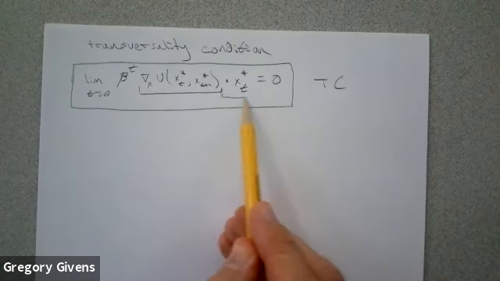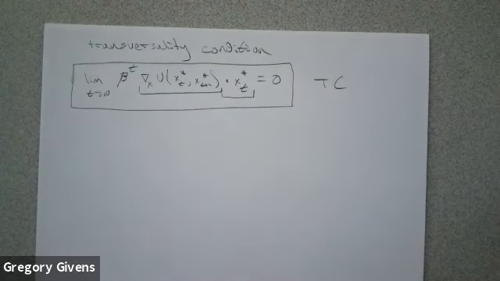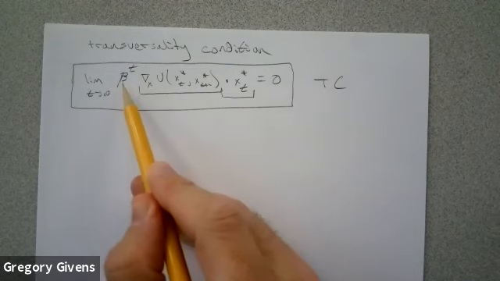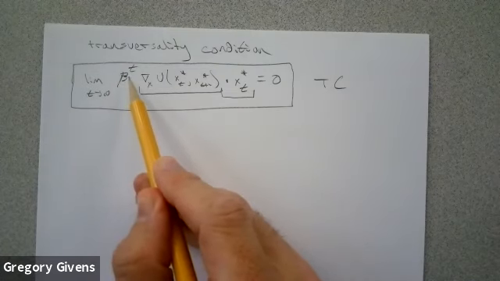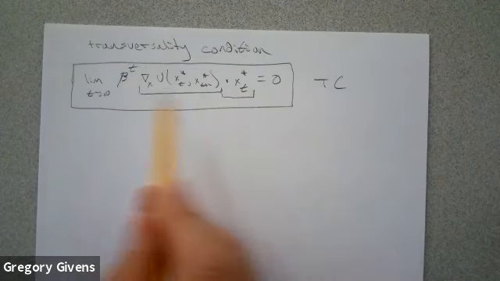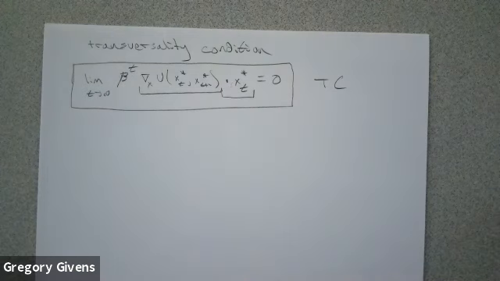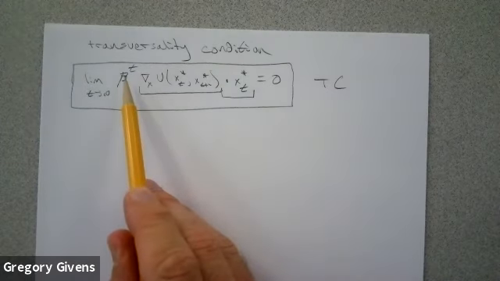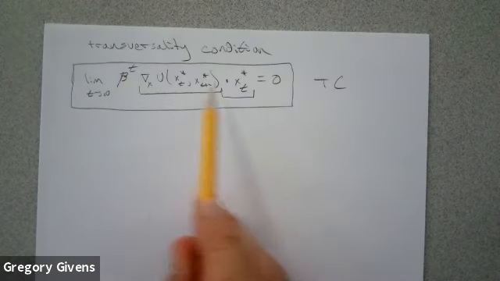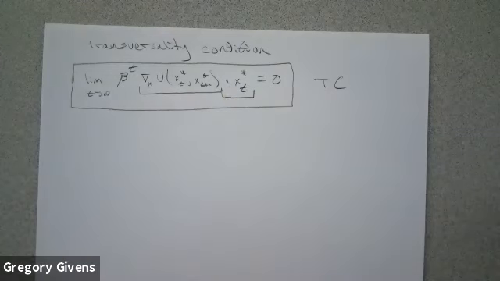This product here has to not get bigger at a rate that is faster than beta inverse, so that the product of these two things limits to 0. So the discounted value of the optimal marginal value of the state has to go to 0 as time goes to infinity. That's what the transversality condition says.